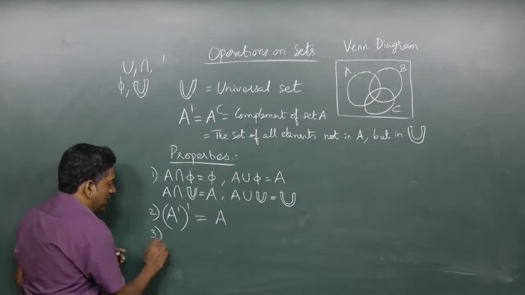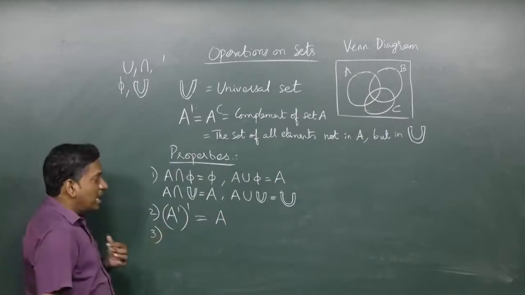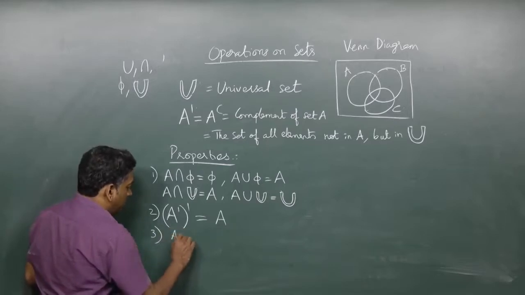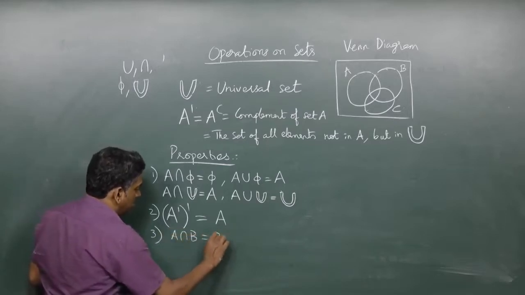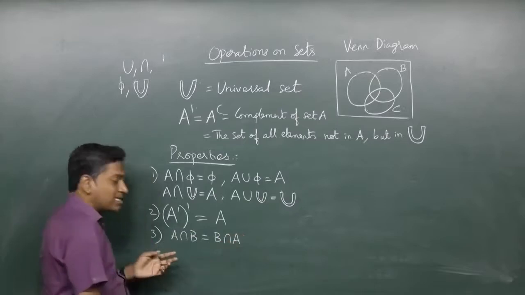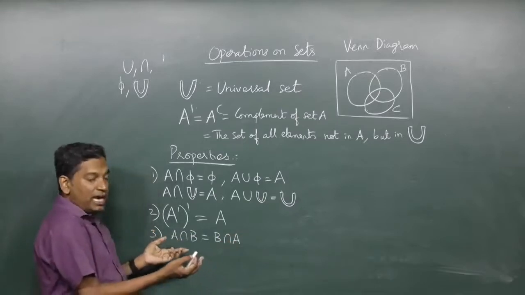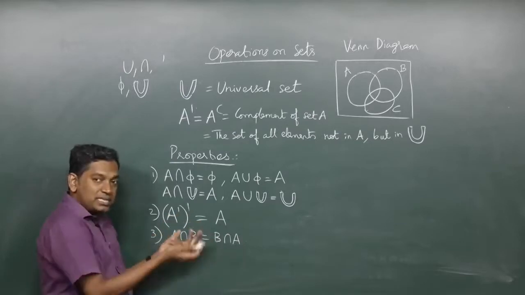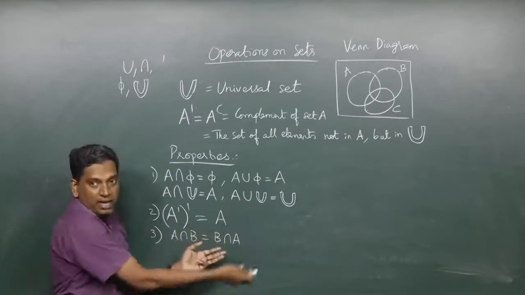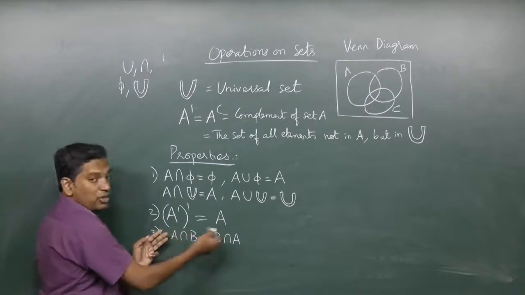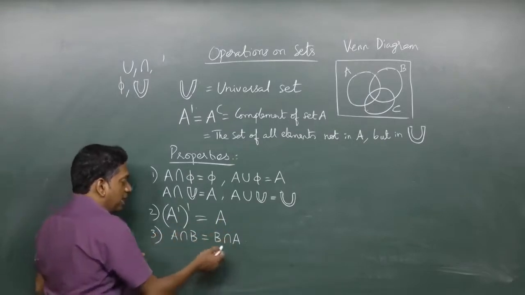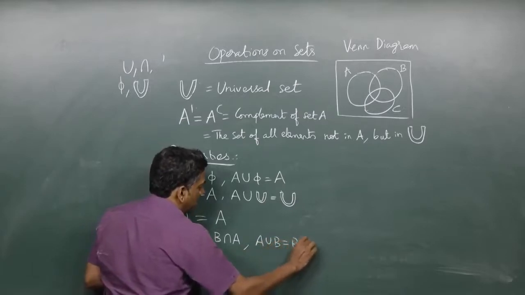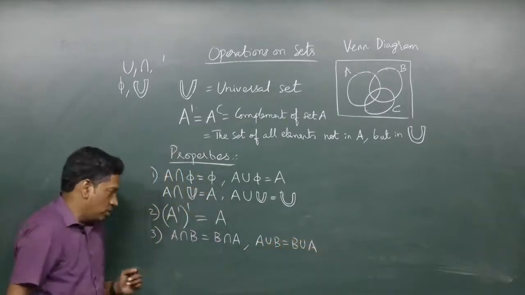Next, we can write certain properties which are very useful for simplification of some operations. For example, I can say A intersection B is equal to B intersection A. From the definition, I say set of all elements in A and B is the same meaning as in B and A. Okay. So this means the operation is commutative, and similarly for union also I can say A union B is equal to B union A.